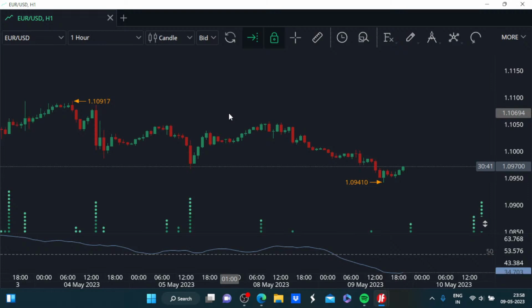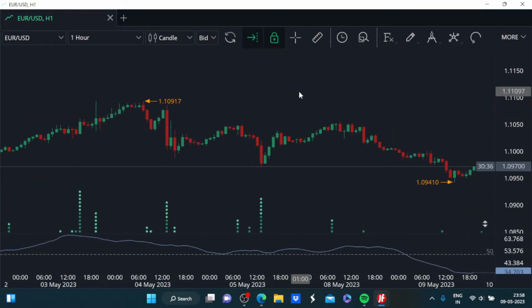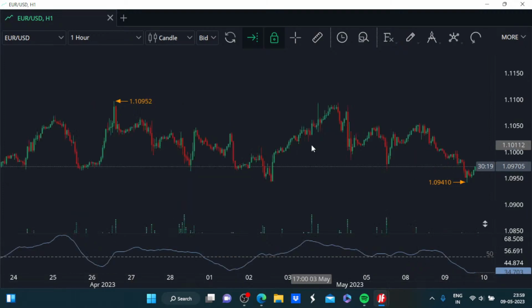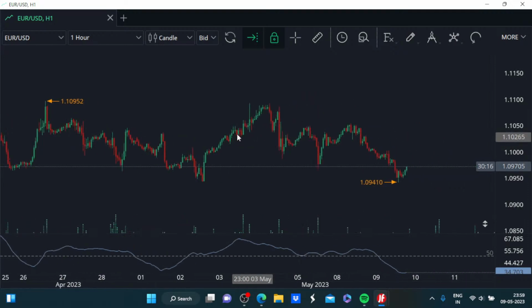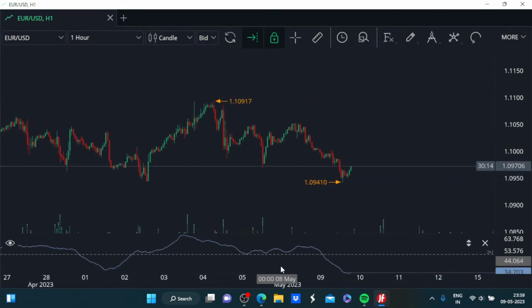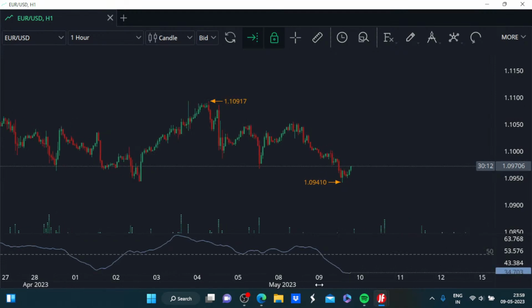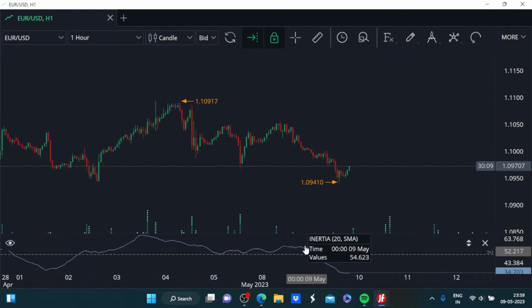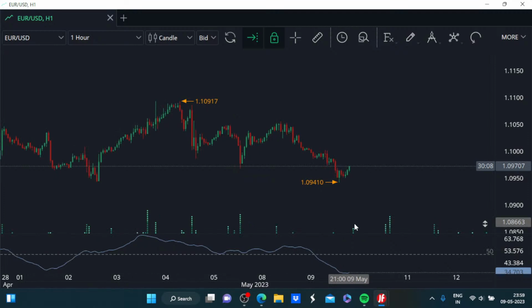Now, if we consider the Euro USD hourly chart, here you can notice that the inertia output was quite strongly bullish earlier, but as things went sideways, slowly but steadily, the inertia output started to decline. It remained in positive territory, but this momentum was shifting, and as a result, the inertia's output was also dropping, and eventually in yesterday's session it dropped below this critical mark of 50.